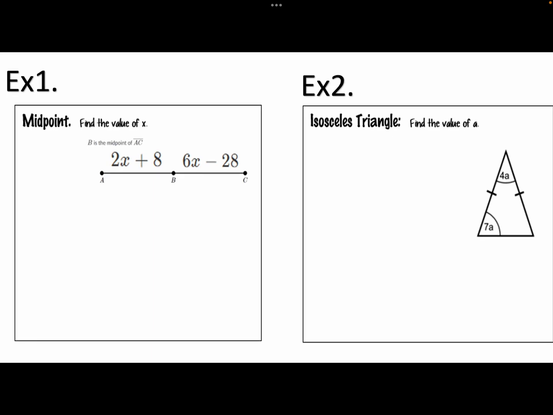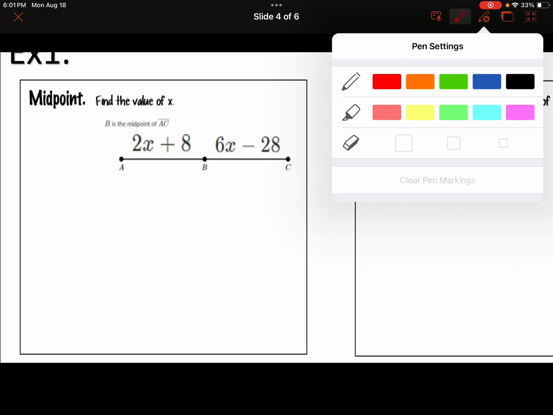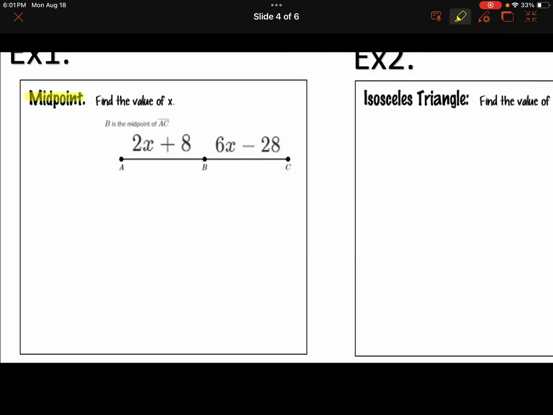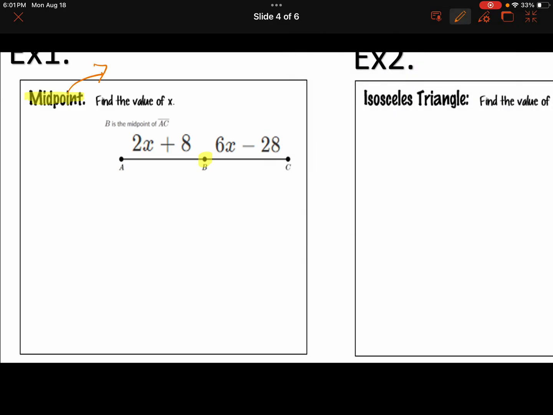So first concept we're looking at is midpoint. And midpoint is just a fancy way of saying the middle. So B is the middle of this problem.